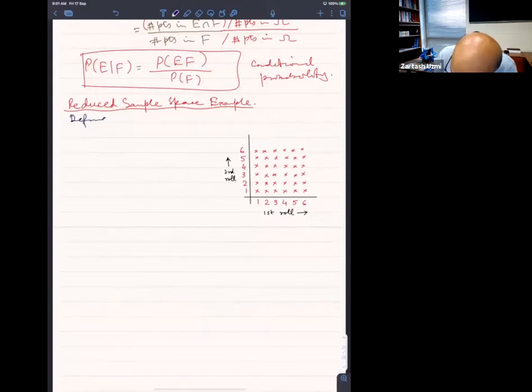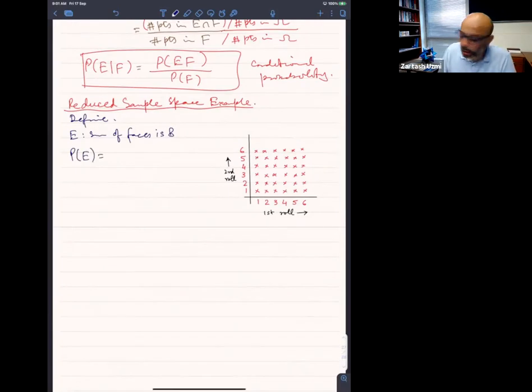Define an event E that sum of faces is 8. ये इस तरह की एग्जांपल्स हमने बहुत की थी पिछले लेक्चर के अंदर. What is the probability of E? काउंट करें कि कहां पे 8 आ रहा है आपके पास. 6 and 2, this guy, or 5 and 3, 4 and 4, 3 and 5, and 2 and 6.